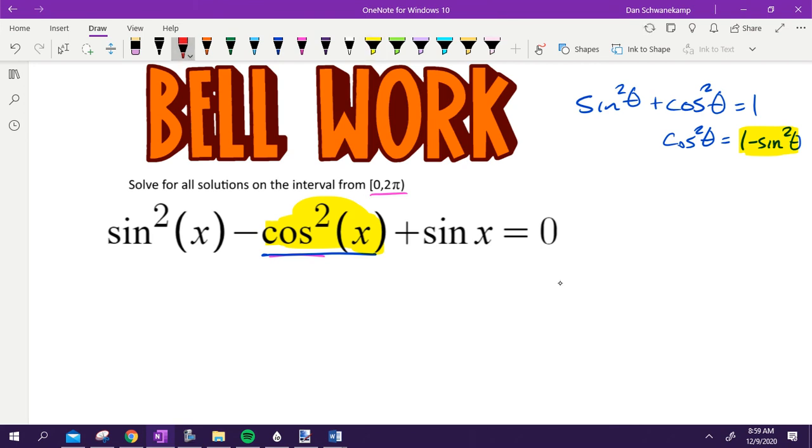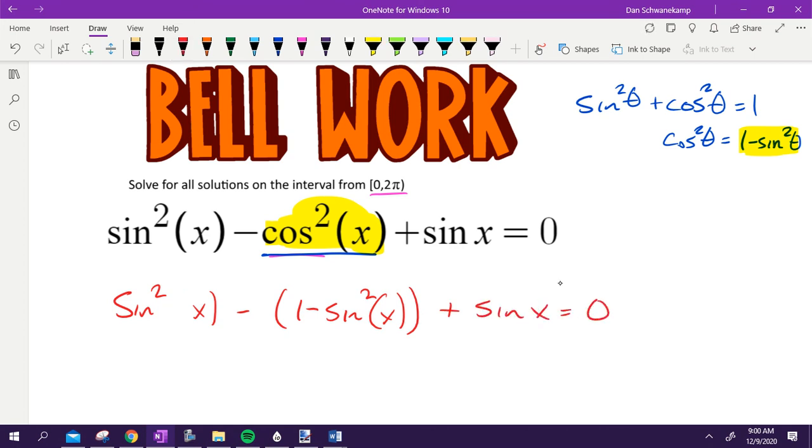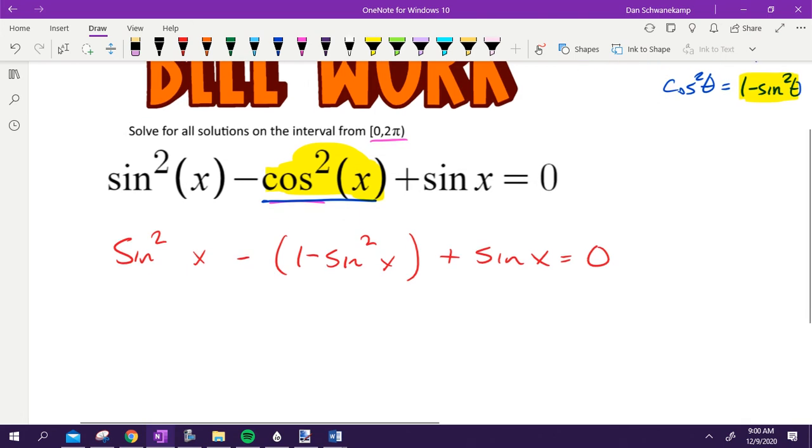So let's do that. Sine squared x minus (1 minus sine squared x) plus sine of x is equal to 0. I don't know why I have these extra parentheses. It bothers me. All right. Good. We substituted in. Once we've substituted, Kara, what do you want to do next?